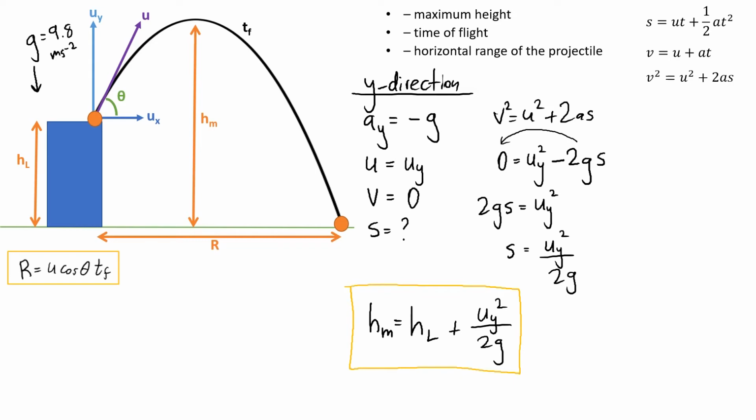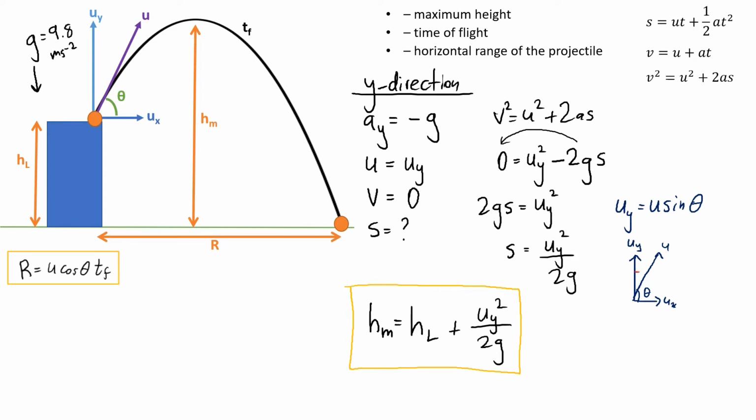And what we've got now is the next part. Now, we should also recognize that uy can be expressed in a different form as well. So remember, uy is equal to u sine theta. Again, if I introduce the two components, uy, ux, we know that our u is there, right? So in this case, that's our theta here.